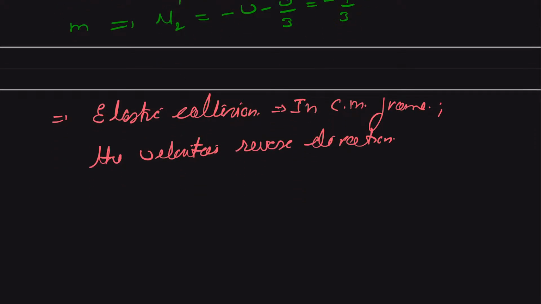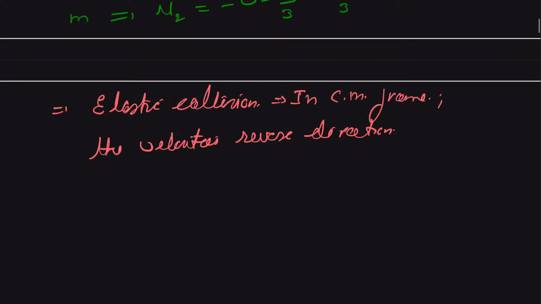Therefore, we can write that our u1 prime will be having a minus 2v by 3 and our u2 prime is going to have plus 4v by 3.